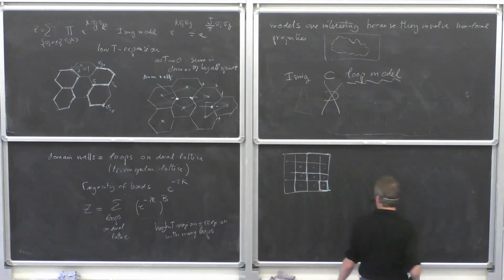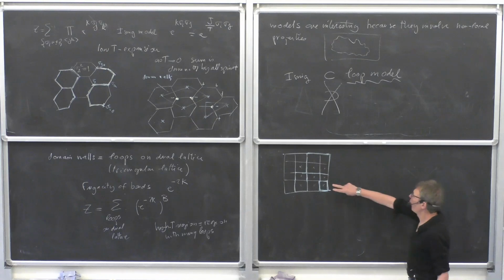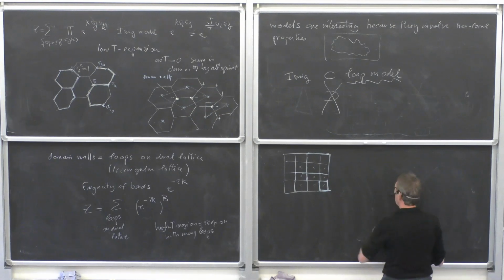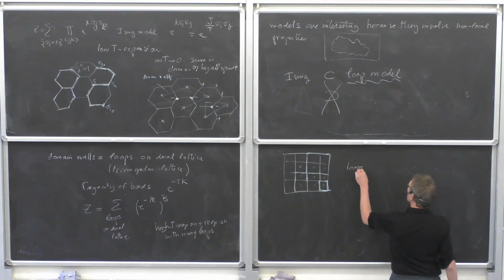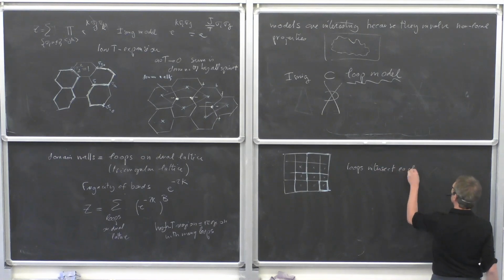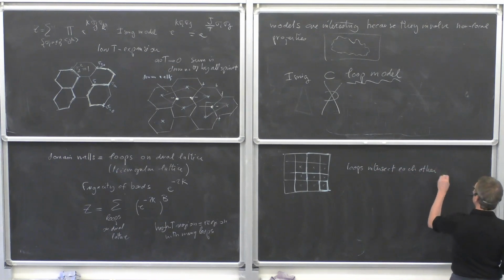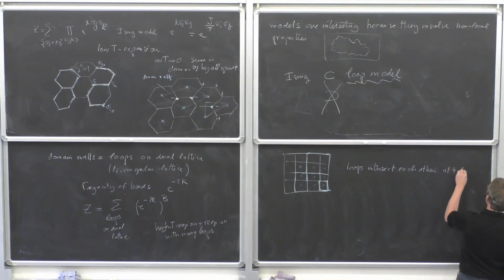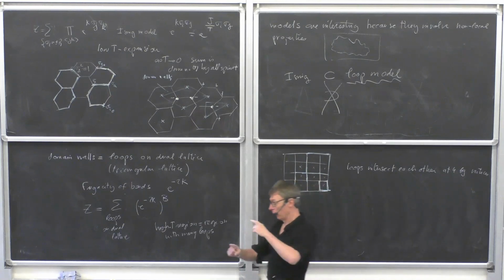So first of all, notice that although these loops intersect each other, they intersect each other very mildly. They only intersect each other at 4 leg vertices, and they only intersect each other once.